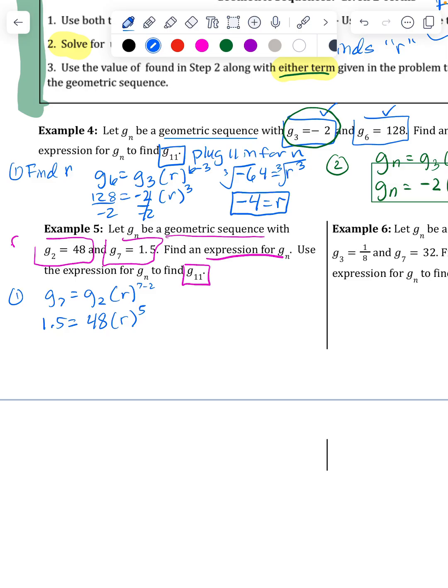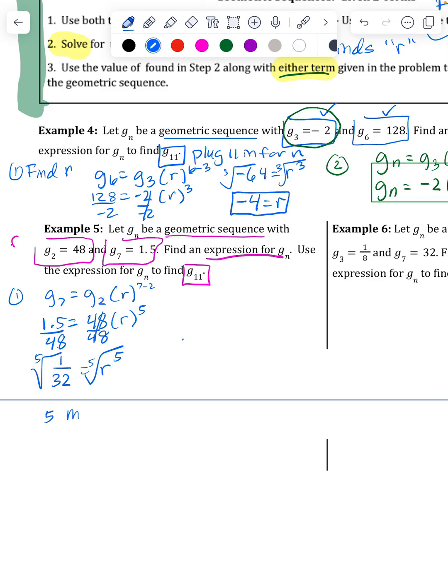So now we need to solve that. So I'm going to divide out the 48, and I'm going to end up with 1 over 32 equals R to the 5th. So if you 5th root that, on your calculator, depending on what kind of calculator you have, you could type in the 5.